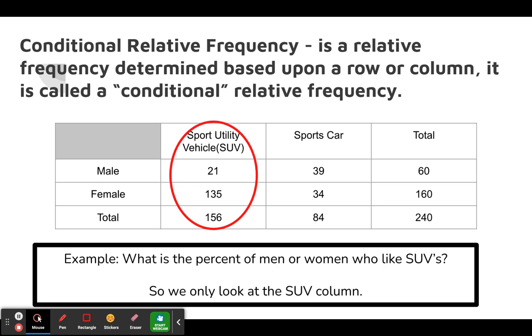It is called a conditional relative frequency. So it's relative to just looking at SUVs. So we can answer a lot of questions by just looking at SUVs, such as what is the percent of men or women who like SUVs? And for men, it would be 21 divided by 156, turned into a percentage.